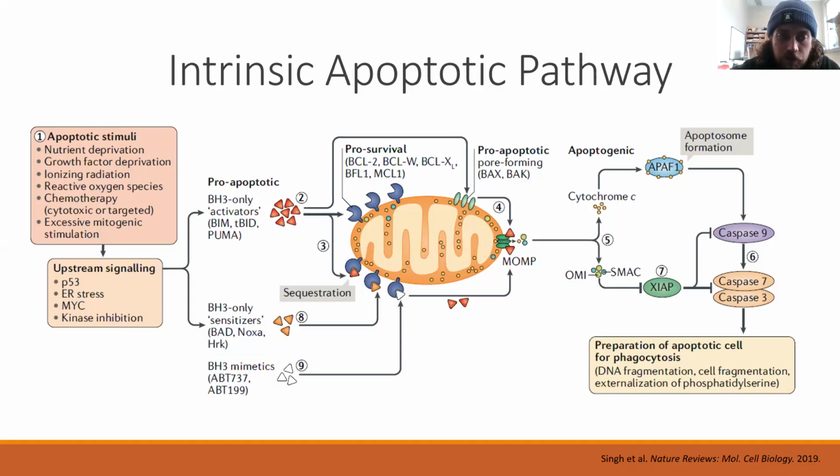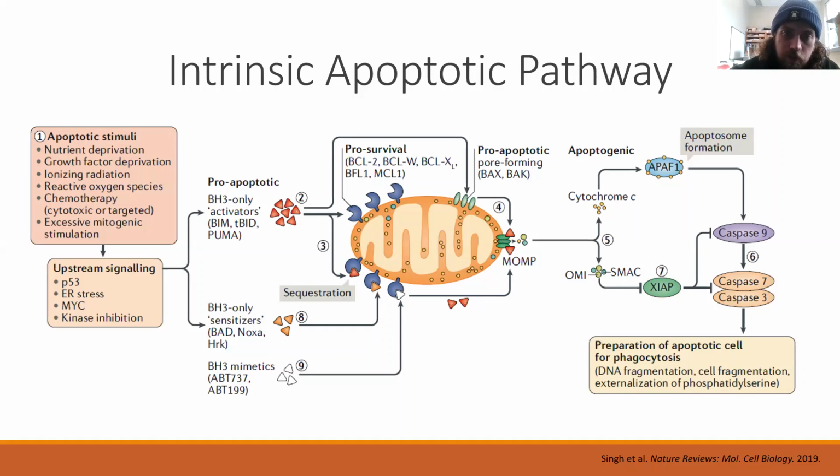What happens after the signaling is that the activators lead to the activation of BAX and BAK, which co-localize and then form pores in the mitochondrial membrane. The pores formed by BAX and BAK lead to mitochondrial outer membrane permeabilization and the release of cytochrome c from inside the mitochondria, and subsequent apoptosome formation and caspase activation.